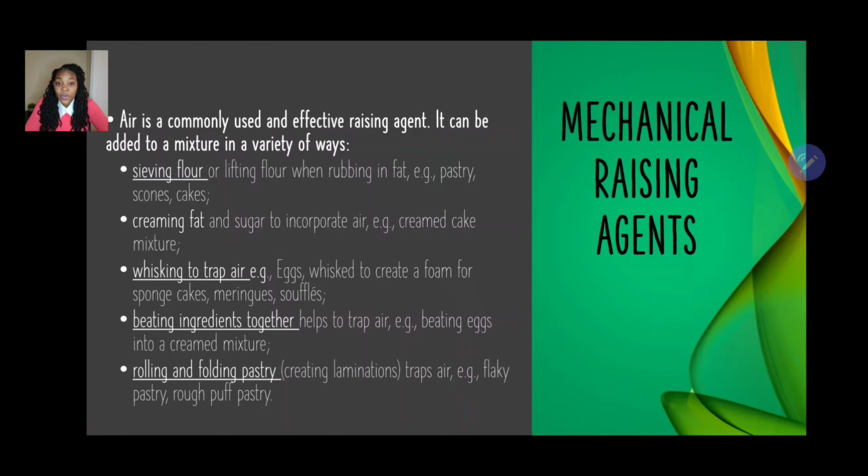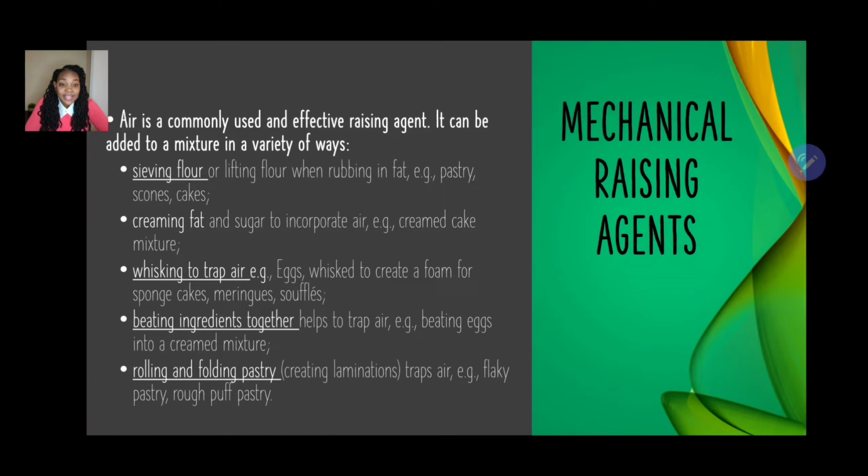Now, let us look at sieving flour. Sieving flour or lifting flour when rubbing in fat, for example, pastry, scones, or some cakes, or we may even say rock cakes or rock buns. So when we sift the flour to remove any foreign matter or impurities from the flour, we're also adding air to the flour, right?